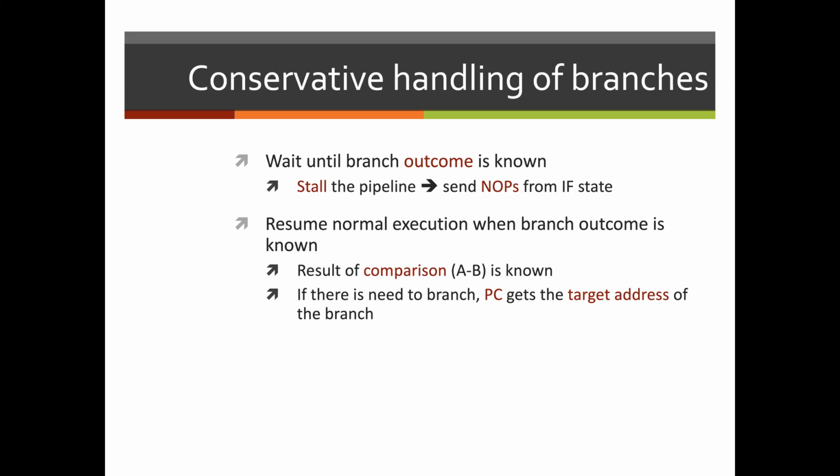And we'll need to do a comparison to see whether we're going to take the branch or not. So the result of the comparison, if it's known that there is a need to branch, then the program counter gets the target address of the branch. And so we have 2 cases that we need to consider in this regard.